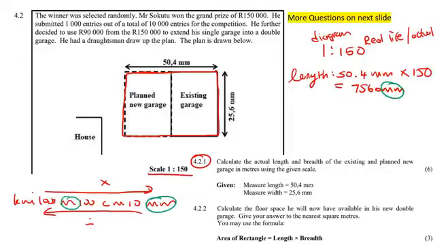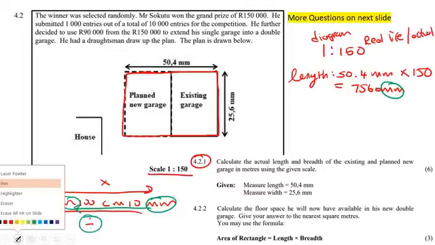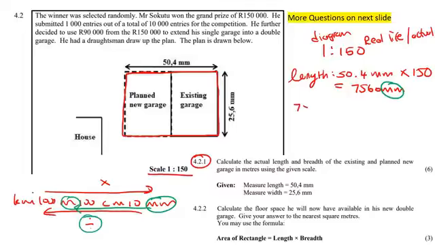Meters. Okay, so we're going to the left, and so that means we will divide. And so we will say 7560 divide by 10 because of this number, and then divide by 100 because of that number. Okay, and if we do this correctly, we would get 7.56 meters.